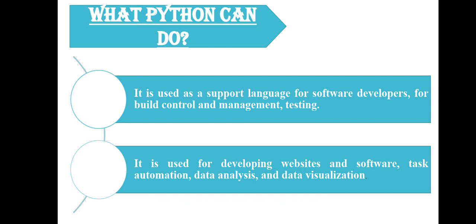What can Python do? Basically, it is used as a support language for software developers for build control and management testing. It is also used for developing websites and software, task automation, data analysis, and data visualization.